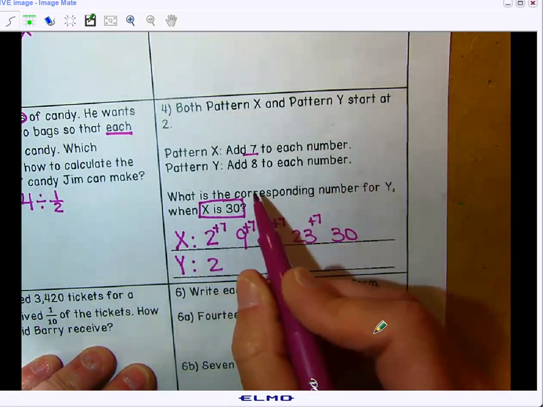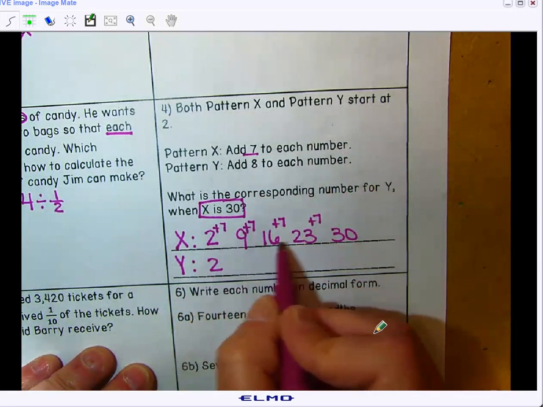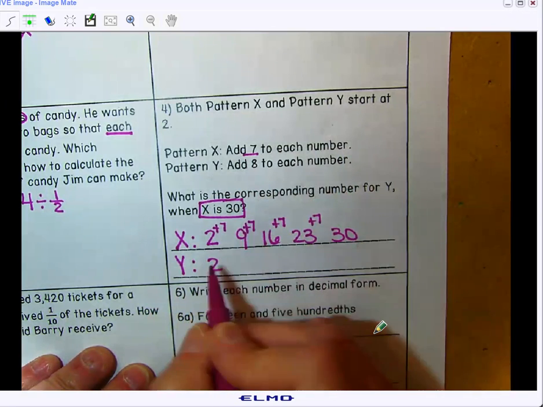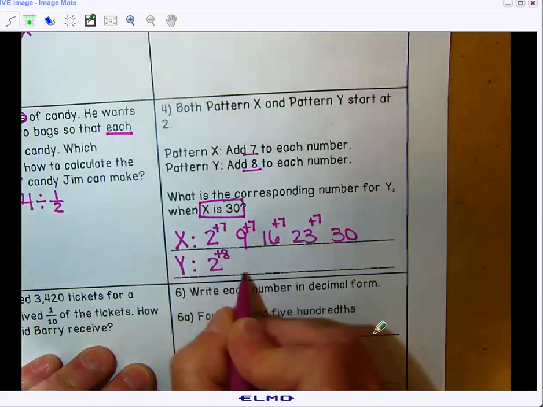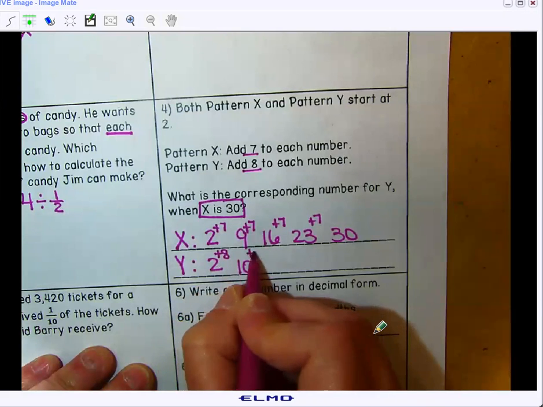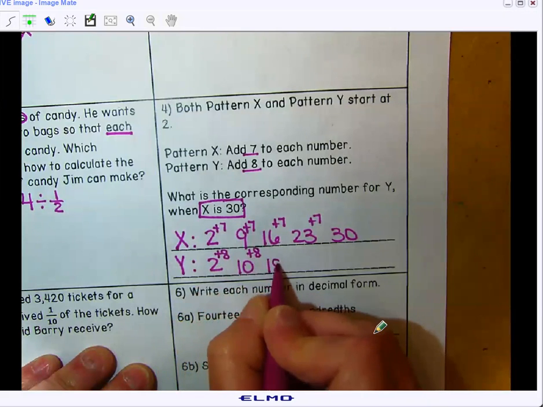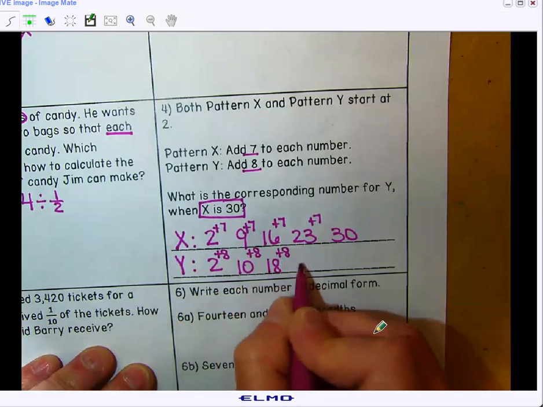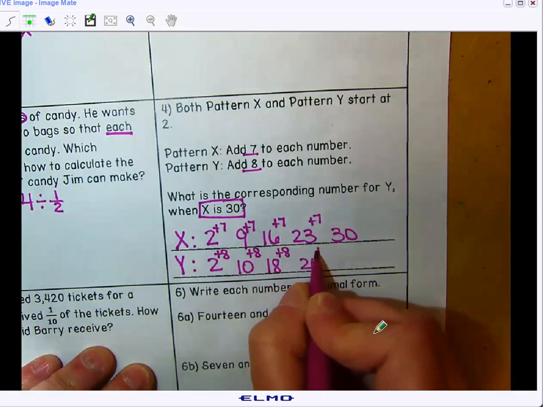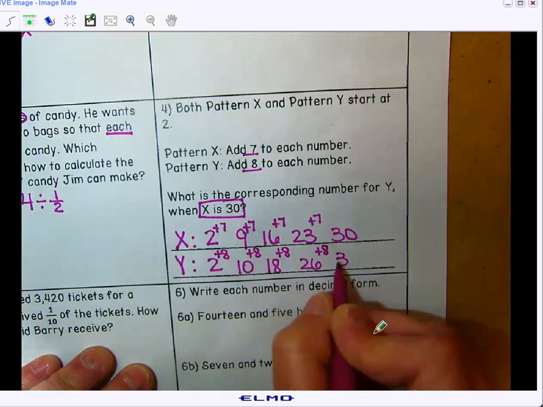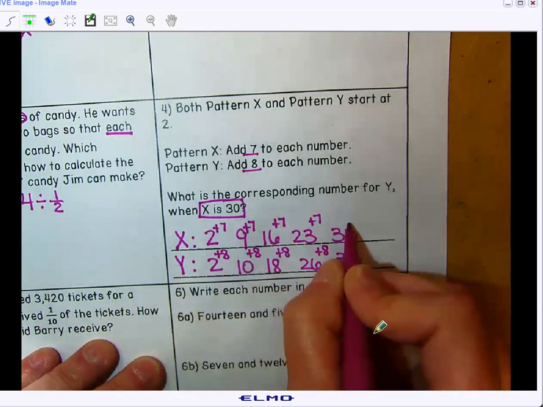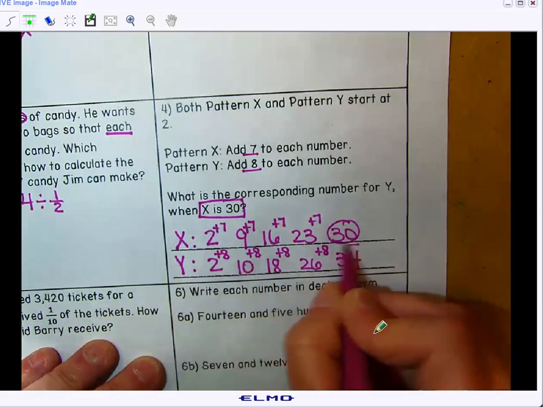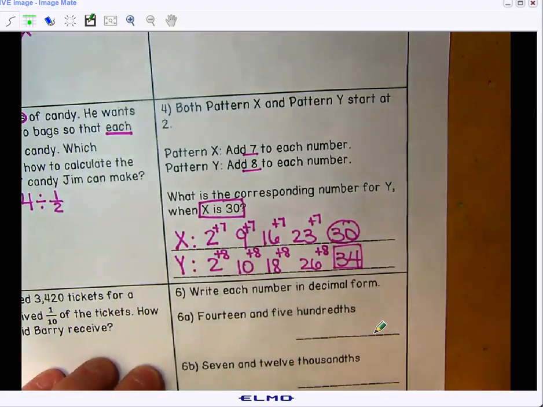So we know that we want to go out 1, 2, 3, 4 to the 5th value for Y. So for Y, we're going to add 8. It's 10 plus 8, 18 plus 8, 26 plus 8, and 34. So when X is 30, Y is going to be 34.